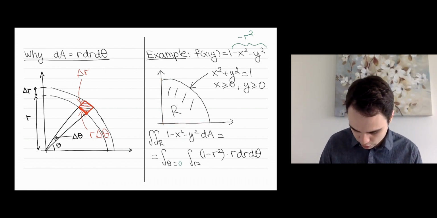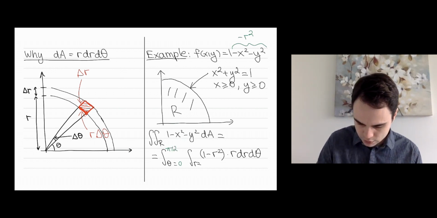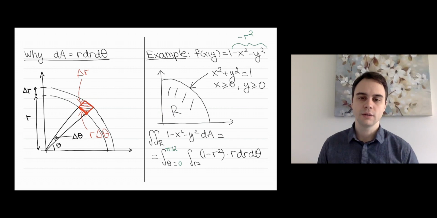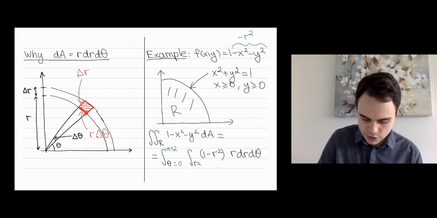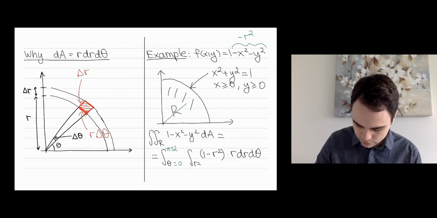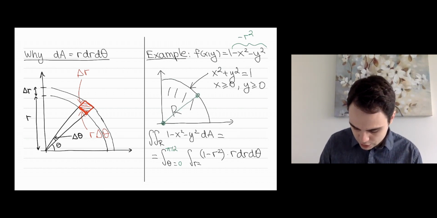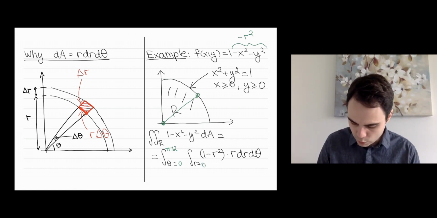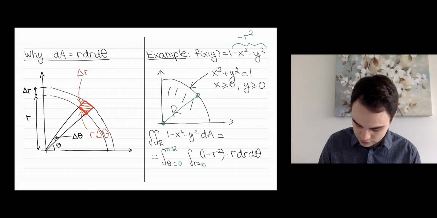So in radians, that's 0 and pi over 2. Theta goes from 0 to pi over 2 in this region, and r, if I fix an intermediate value of theta between 0 and pi over 2, I will enter the region immediately, so r starts at 0, and I will leave the region when r is equal to 1.